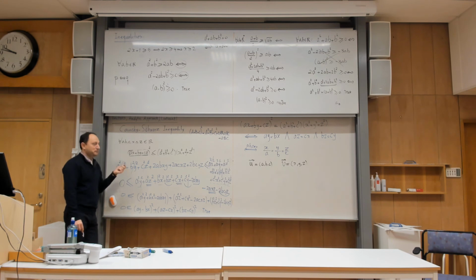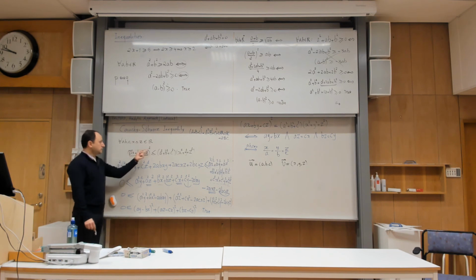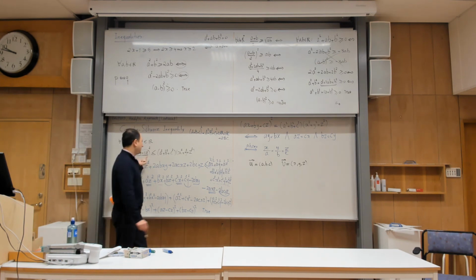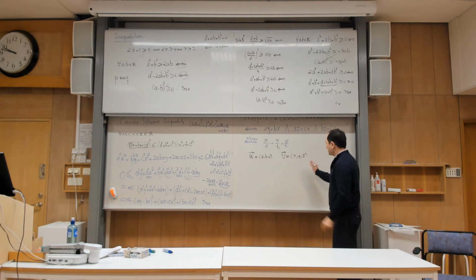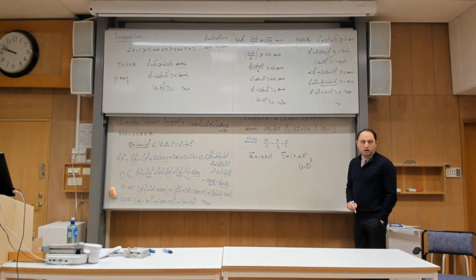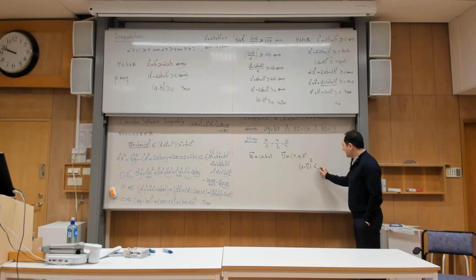Immediately you should tell me. AX, the first component multiplied by the first component, that's the dot product. And that is the dot product squared. So the left-hand side is nothing except the dot product of U and V squared. Agree? Less than or equal to.